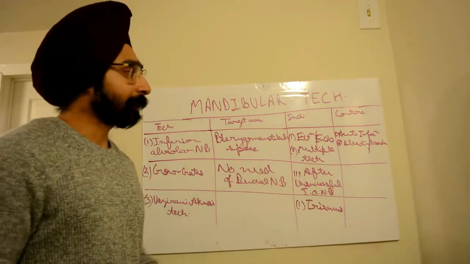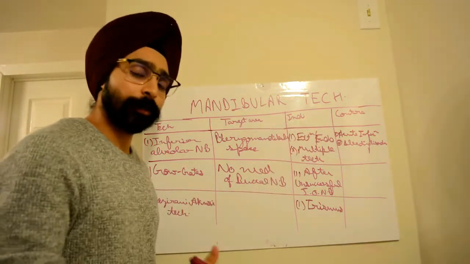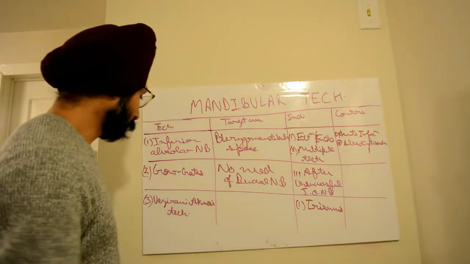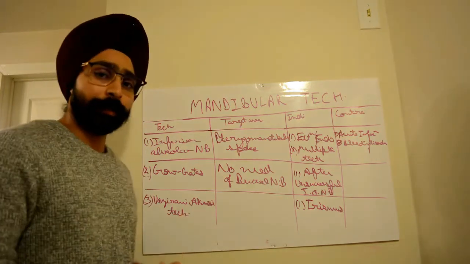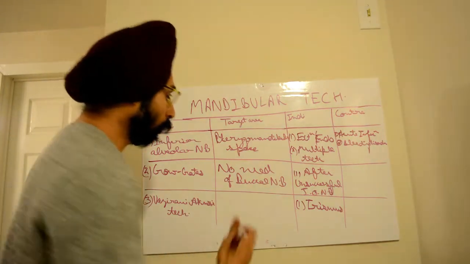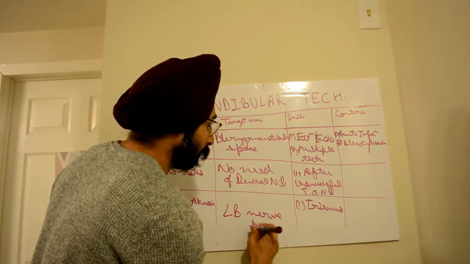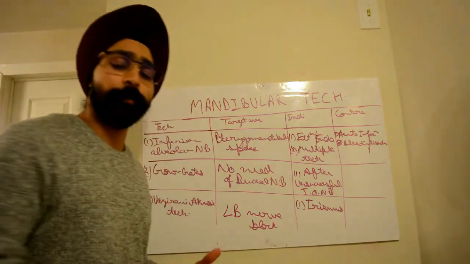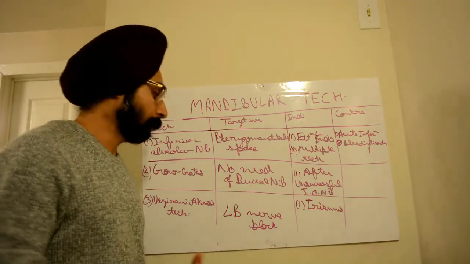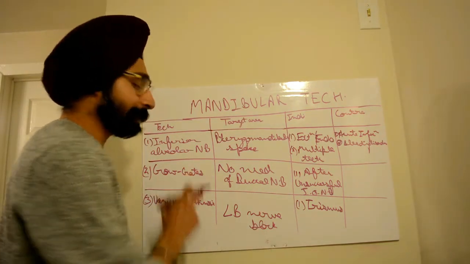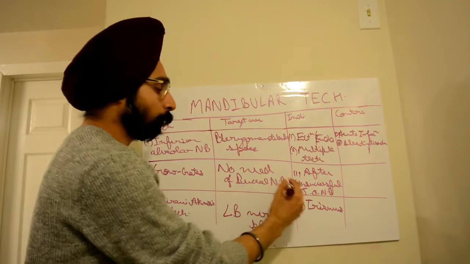The contraindications are the same, that is acute infection or bleeding disorder. In Vazirani-Akinosi technique, we need to give long buccal nerve block in case we want to extract a molar tooth. But in case of Gow-Gates technique, we don't need to give long buccal nerve block.